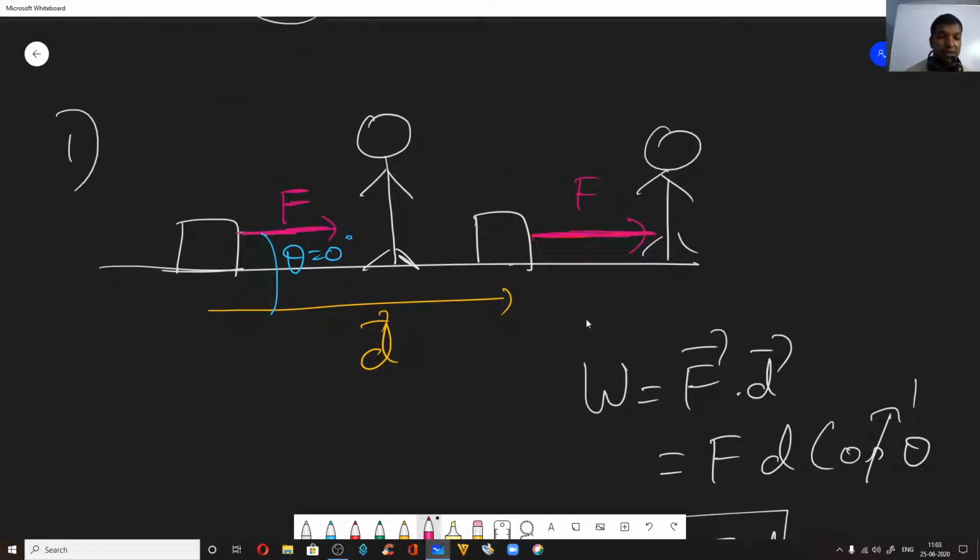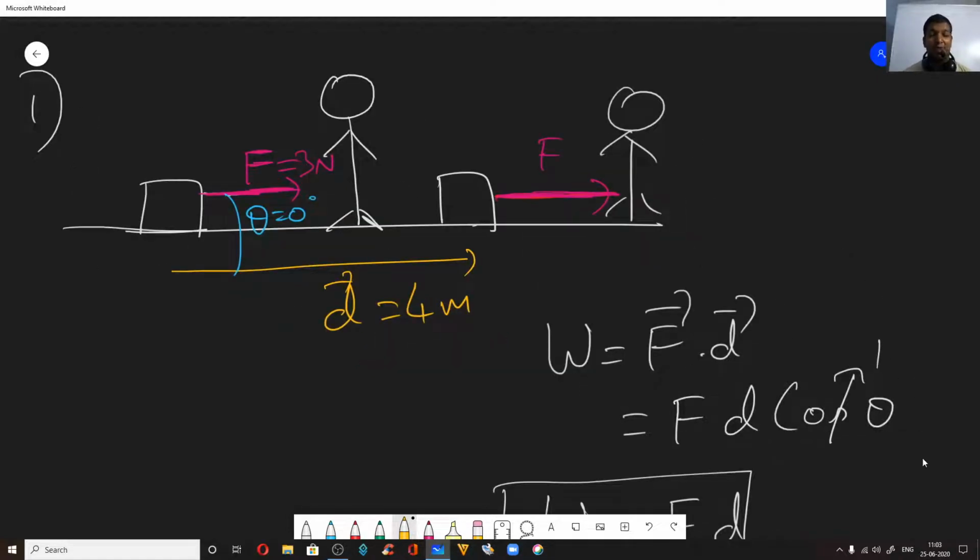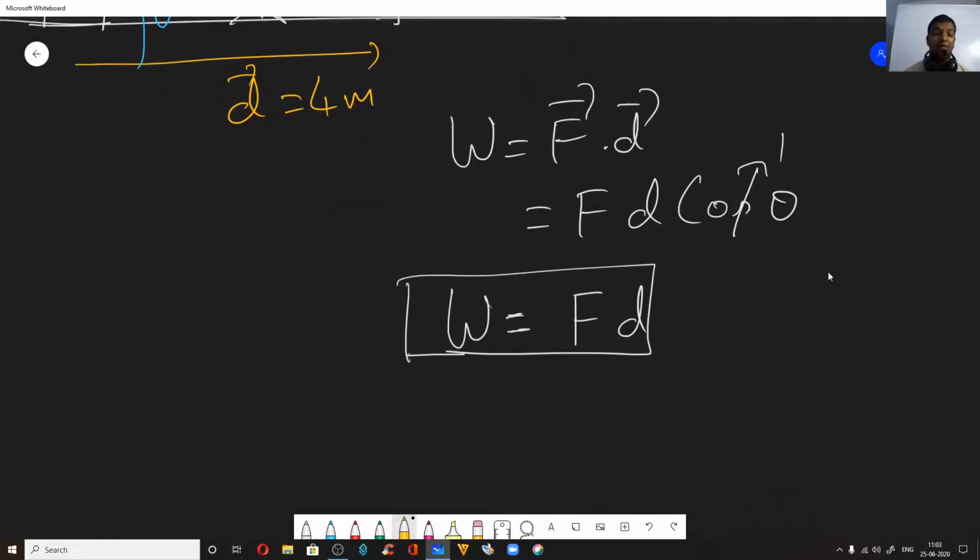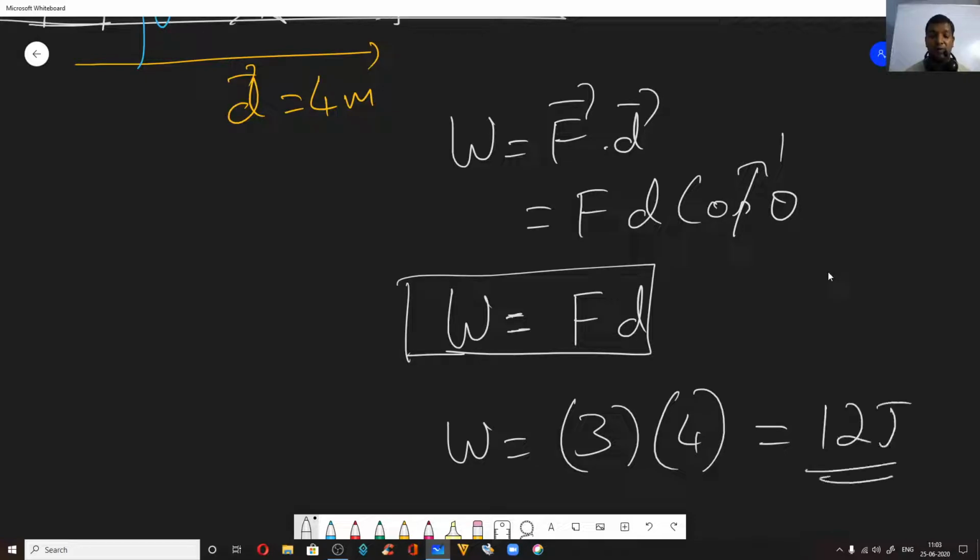Say the force is 3 Newton and the displacement is 4 meter. You are applying 3 Newton on the box and the displacement caused is 4 meter. Then the work done is simply force 3 times displacement 4, remembering we are using only magnitudes. So the work done is 12 joules.